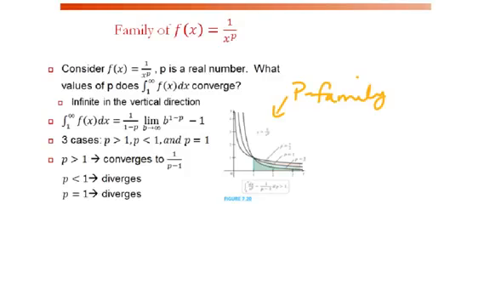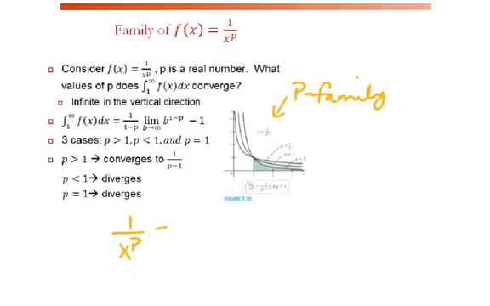And what's important here is that this shows that a function must do more than decrease to 0 for its integral to converge. So if you look at any p series, as x gets bigger and bigger, this overall thing is going to go to 0, the limit. But it's more than just the limit of the function decreasing to 0 for its integral to converge. It must decrease sufficiently fast to 0.